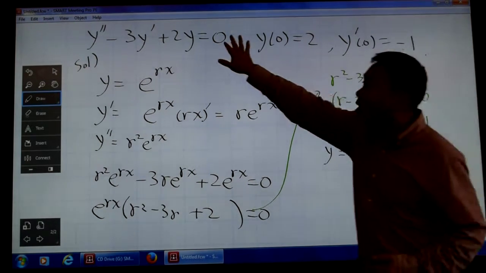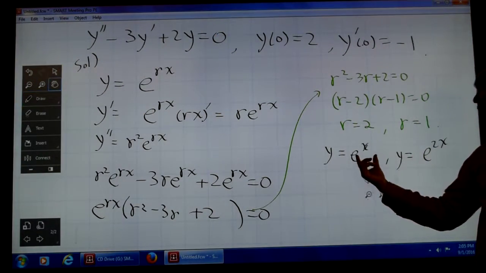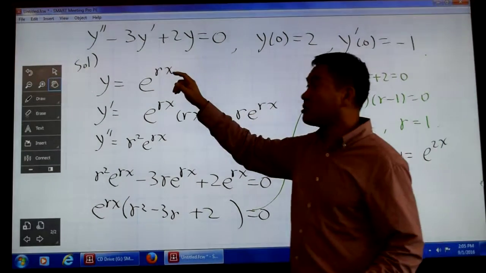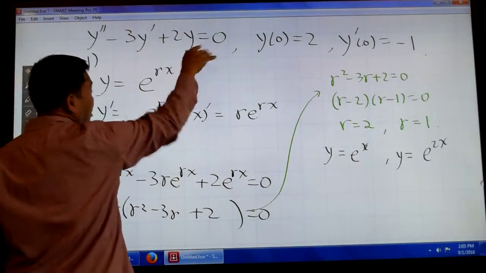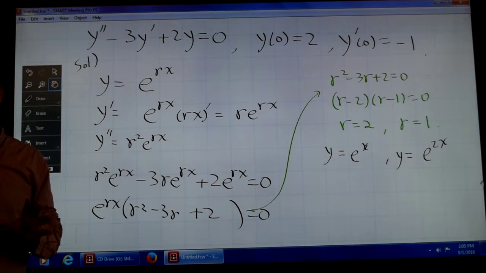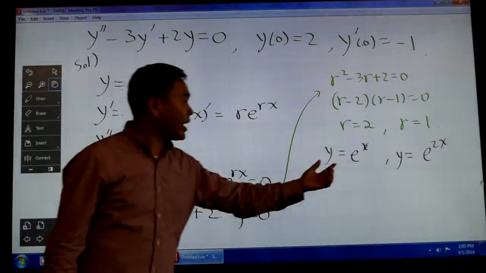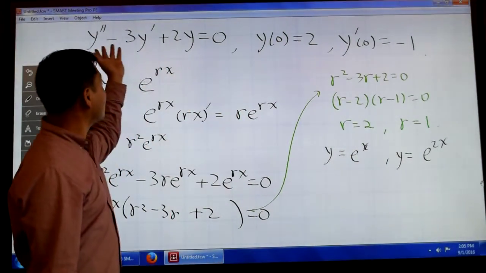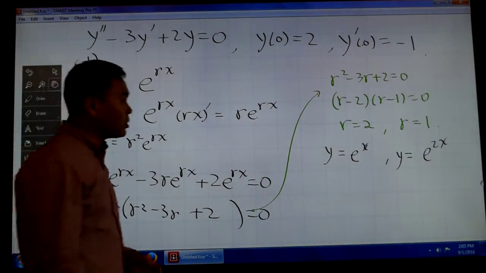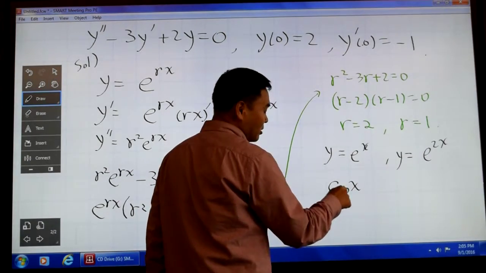If it's homogeneous, then we know that if you have any solution, then any multiple of that solution is again a solution. Because that's the property of being linear and homogeneous. If you have a linear and homogeneous differential equation, it doesn't have to be constant coefficient, by the way, then any constant multiple of a solution will be another solution. So I know immediately that some constant times e to the x will be a solution.